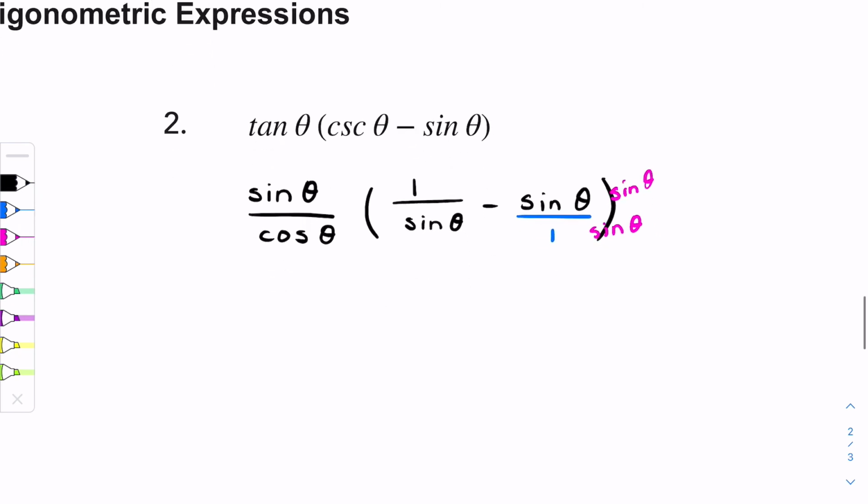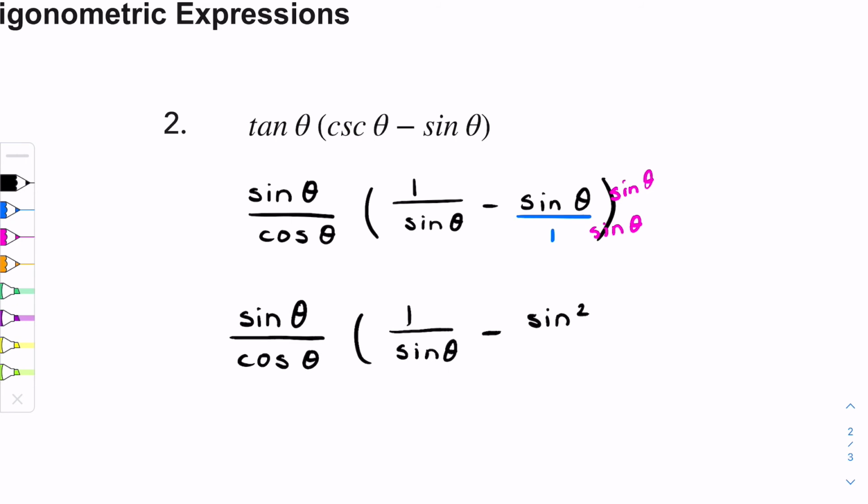This is going to give me sine of theta divided by cosine of theta multiplied by 1 over sine theta minus sine squared theta, because we're multiplying 2 of them, divided by sine of theta.